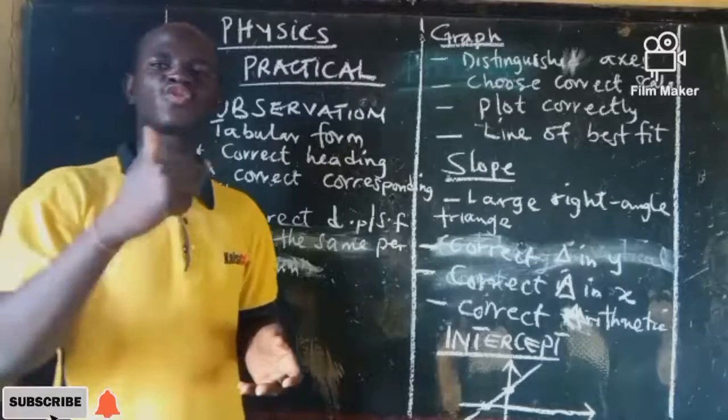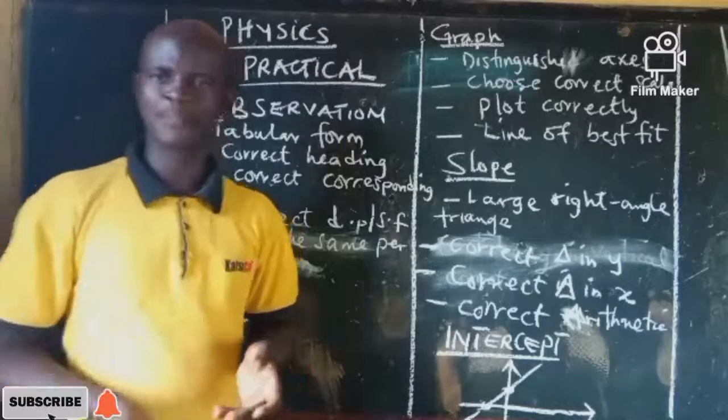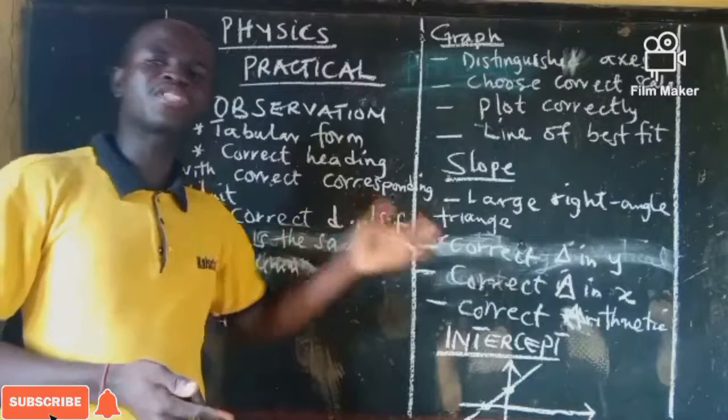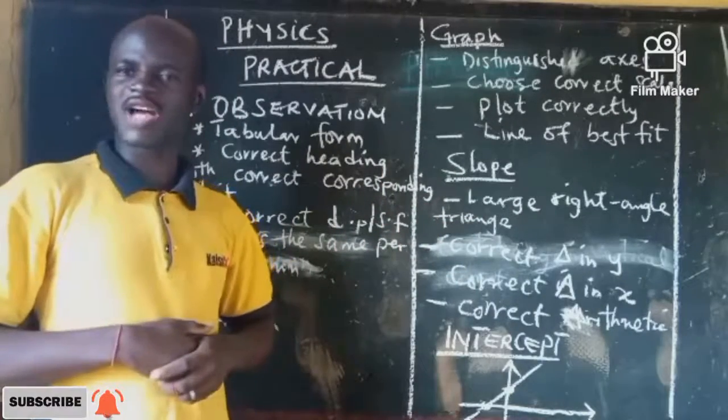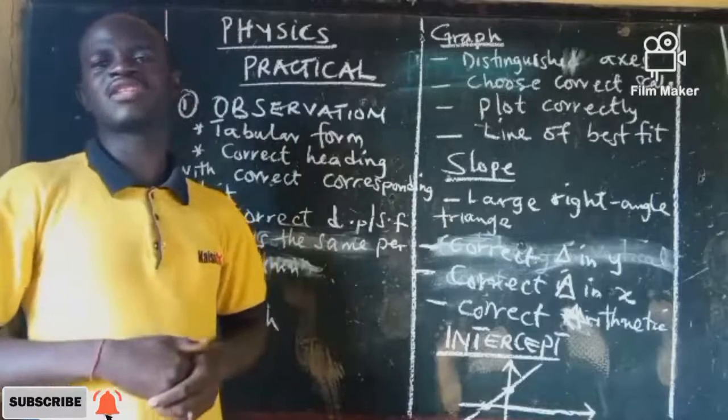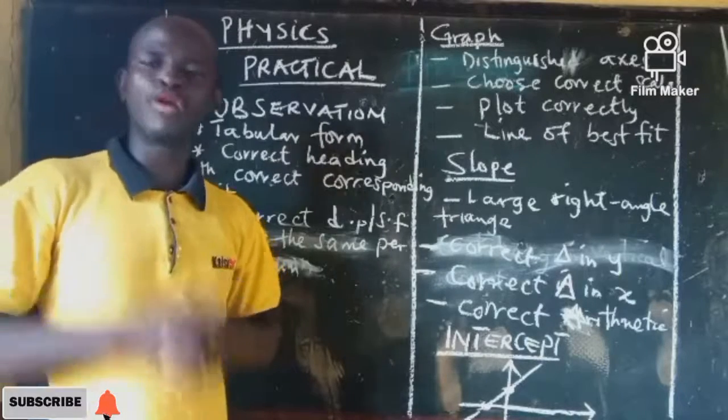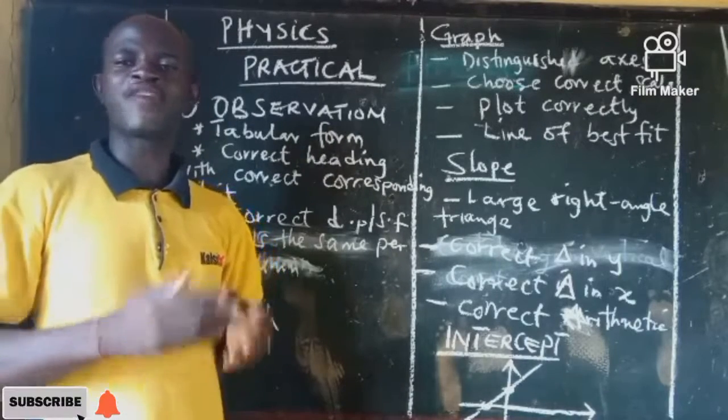We all know that 2 raised to power 2 is 4. Now, if you are putting 4 on your table, as physics practical is concerned, I want to tell you that you are actually wrong.